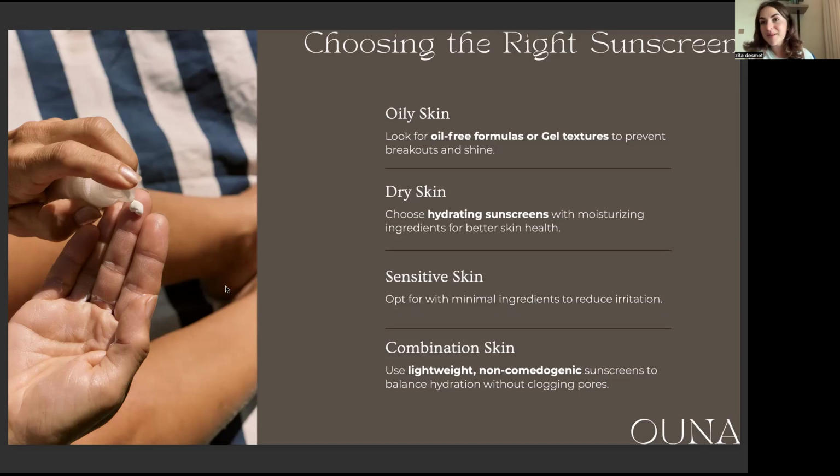Dry skins, please use a lot of antioxidants, as this will help your shine and moisturize and create better skin health. Sensitive skins opt for minimal ingredients to reduce irritation, but combined with antioxidants. Combination skin, use lightweight creams or textures to balance with the hydration.